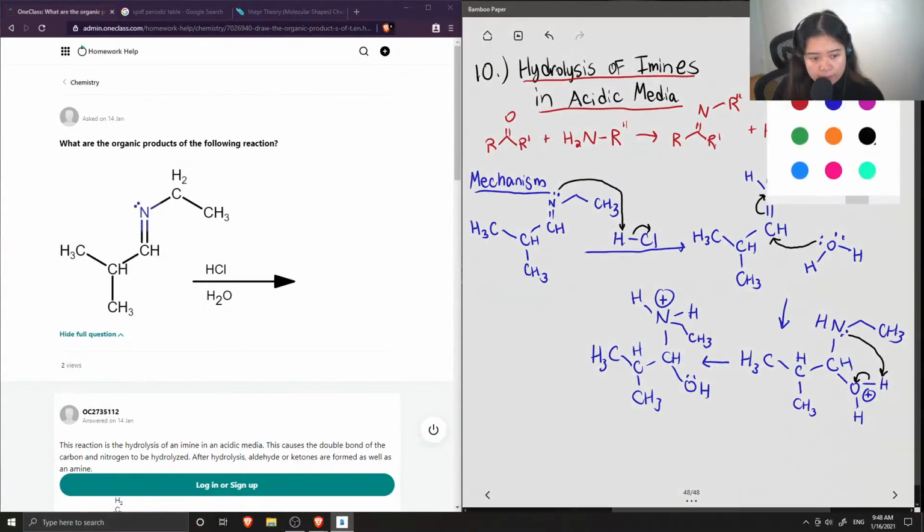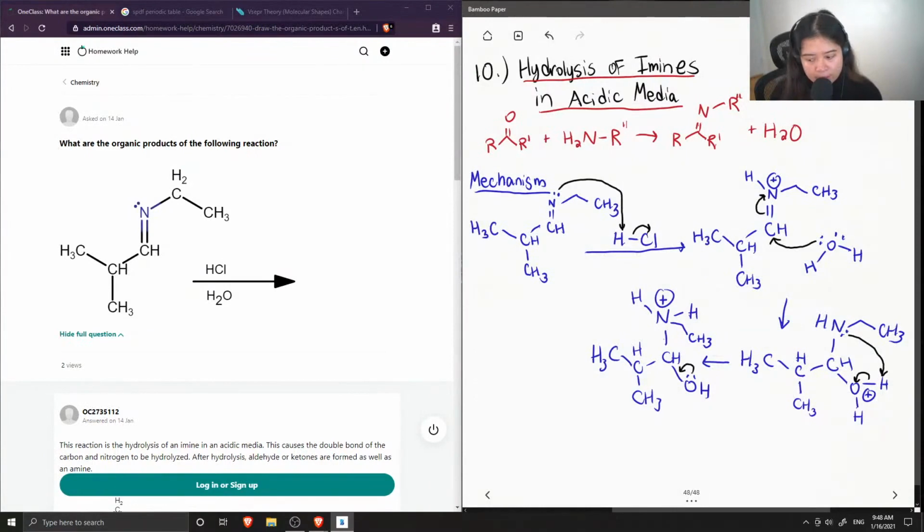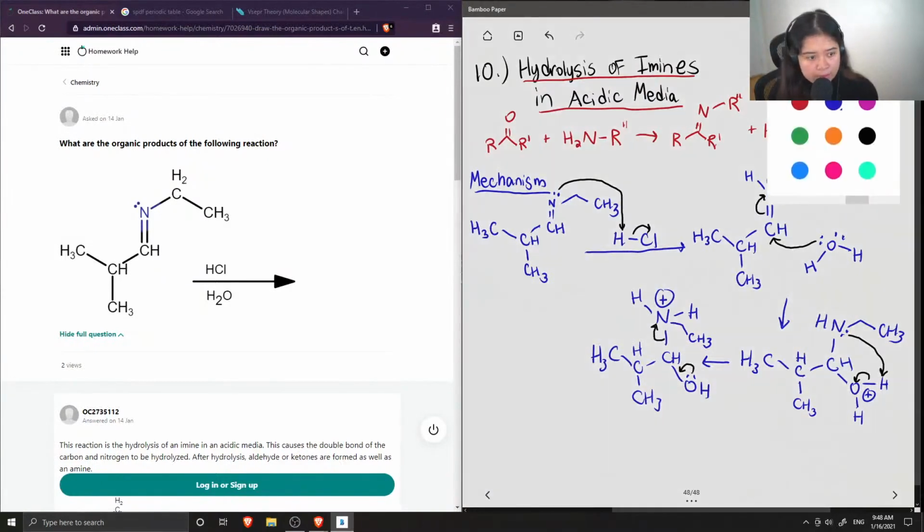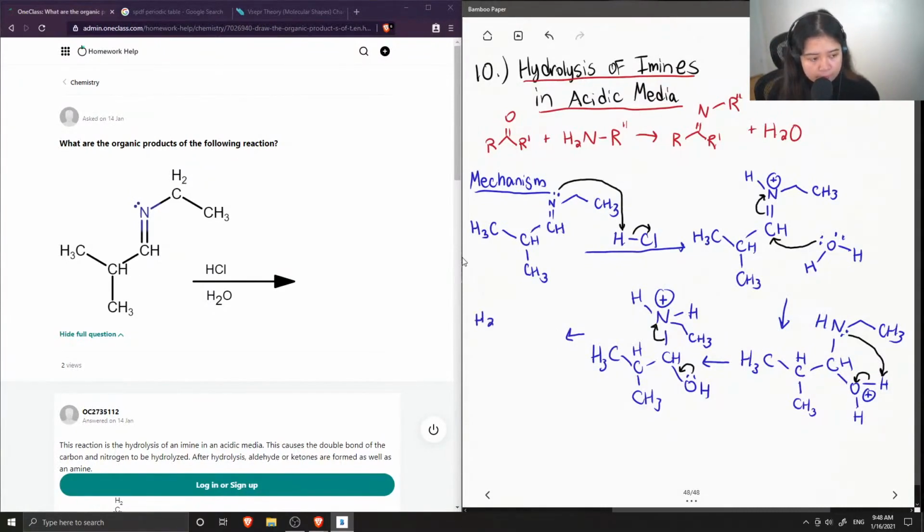So now this lone pair on the oxygen comes down to form a double bond and kicks off this group to give us two different products. So I'll draw both of these here. So this is called an amine salt.